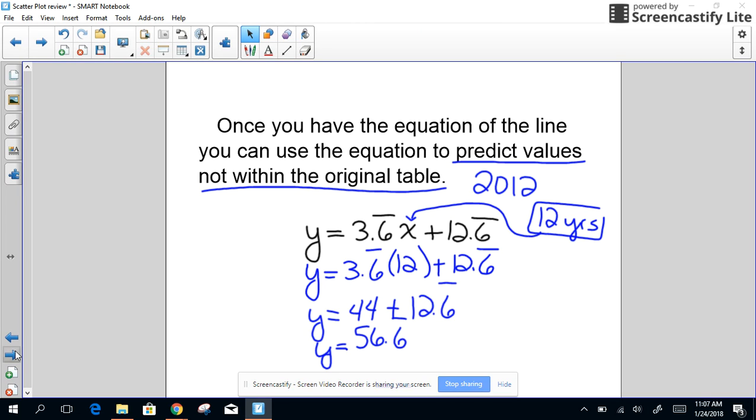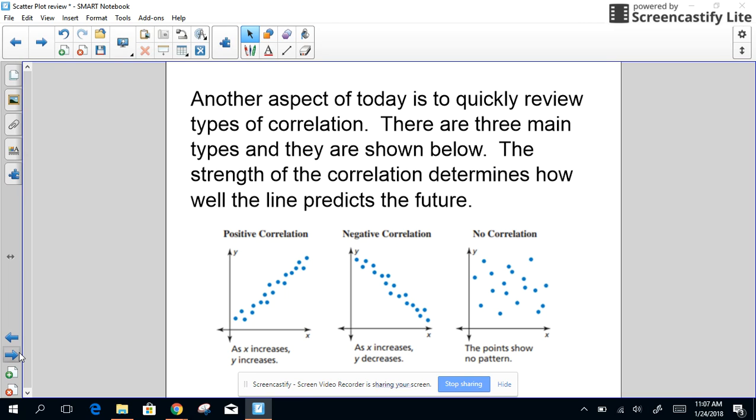This equation is used to predict forward. The strength of your prediction is based upon something called correlation. So we're going to review this quickly. We talked about this in a previous class, but correlation has three types, and they're shown in the graphs below that paragraph.